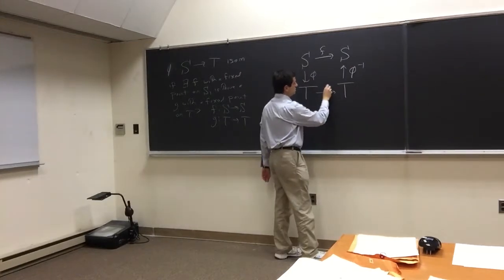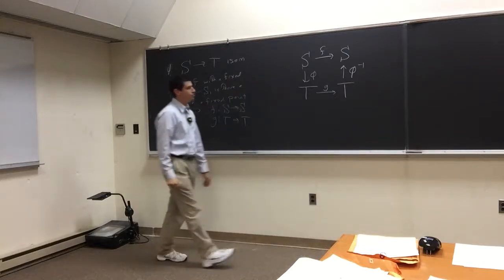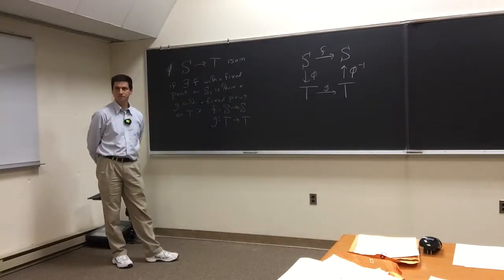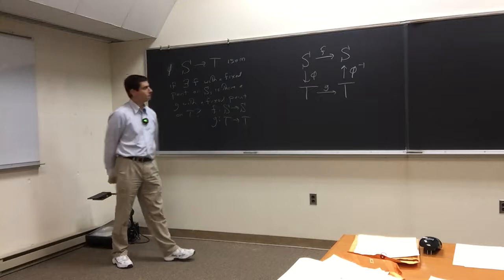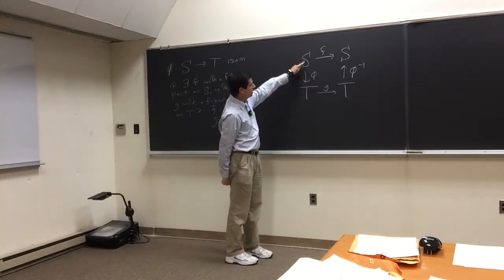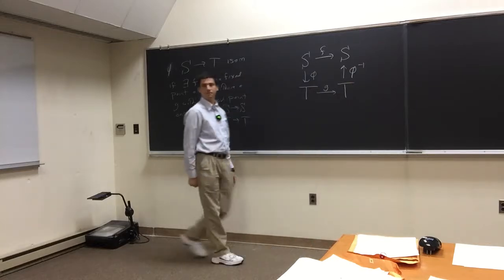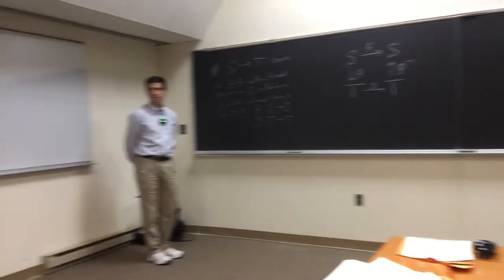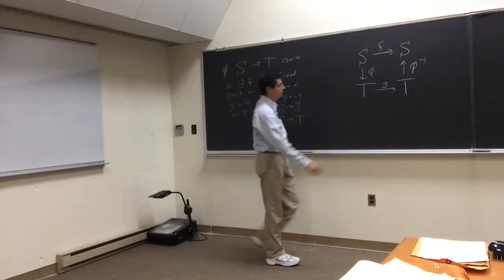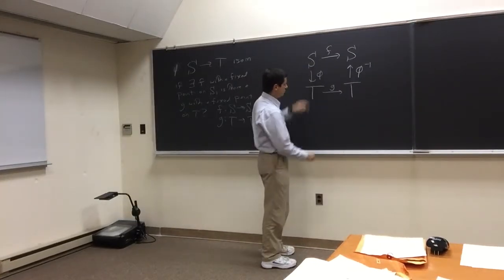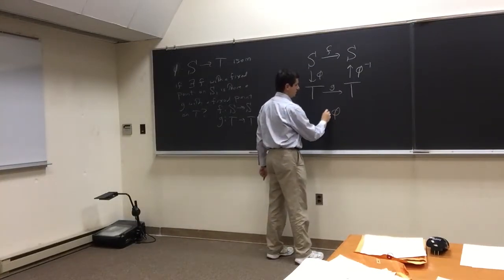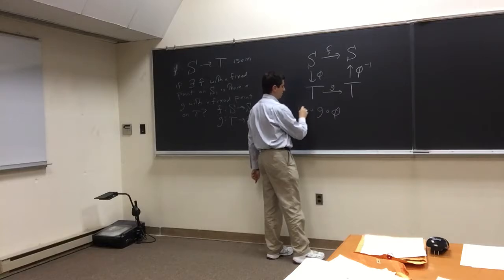Now, let's say we have some function g from T to T. We can use this to build another function from S to S by just flowing down here. So we would have two natural candidates. One is we start with S, so we first apply phi, then we apply g, then we apply phi inverse.